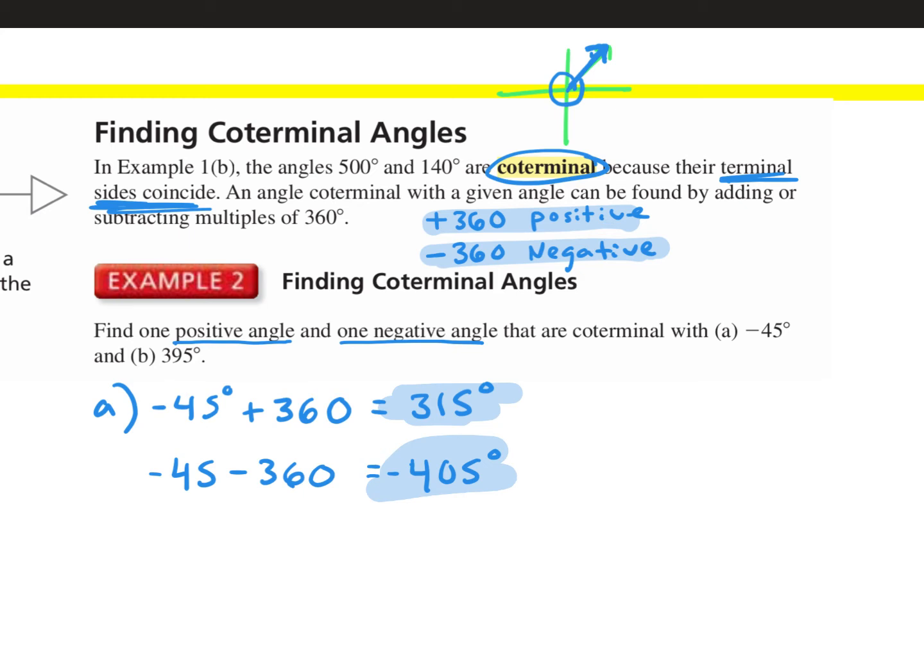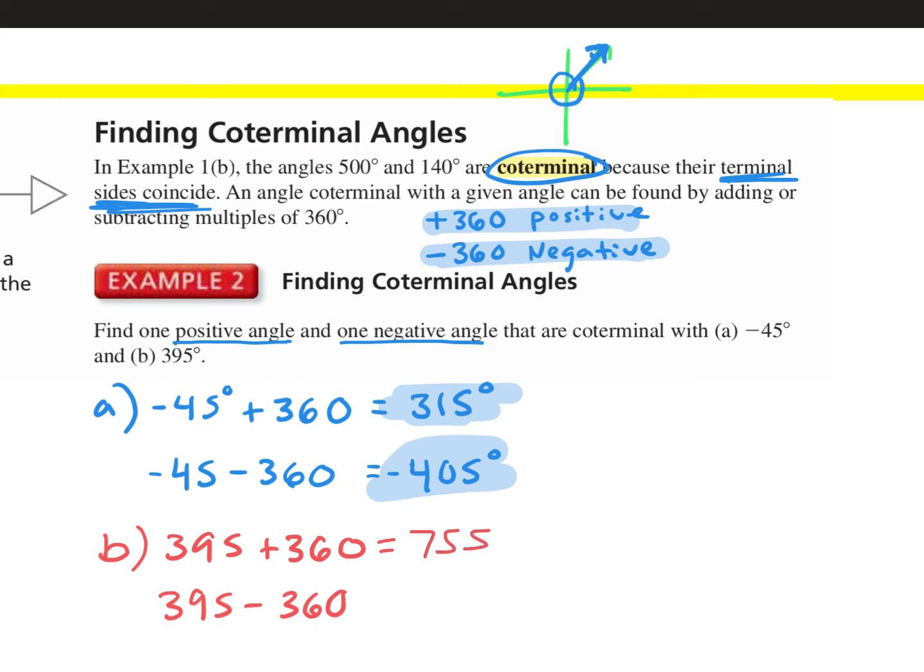All right, let's look at B. So here we have 395. So to find our positive angle, we add 360. To find our negative, we subtract. So what's 395 plus 360? 755.